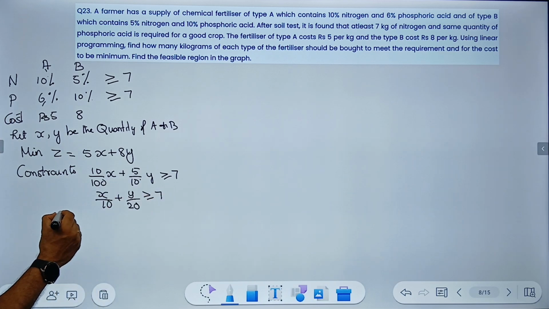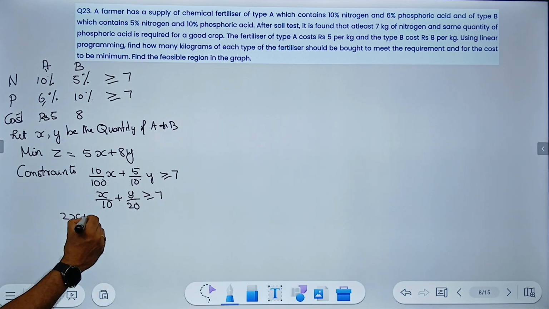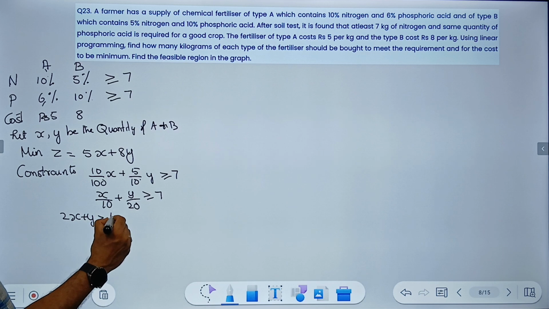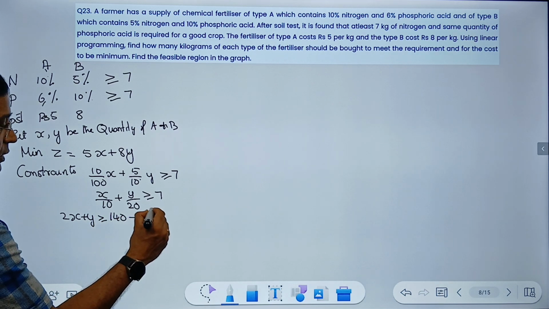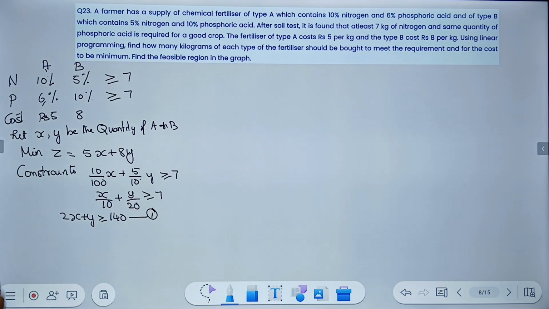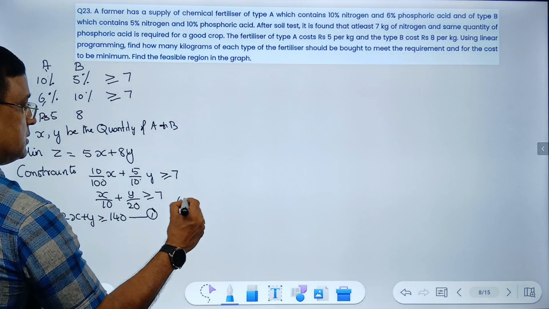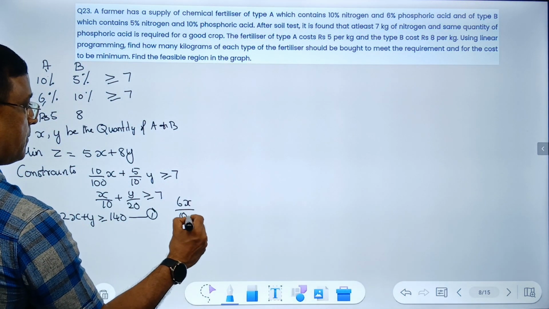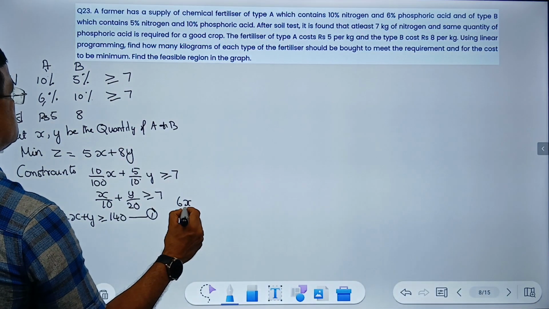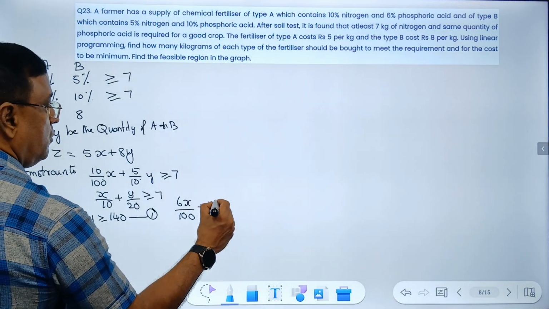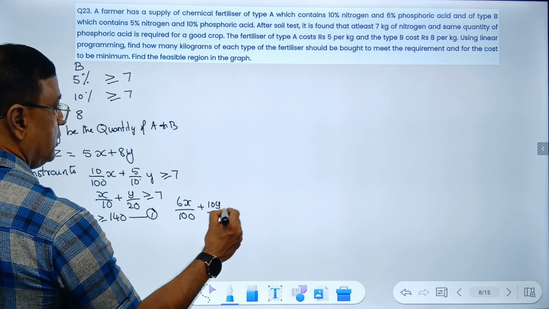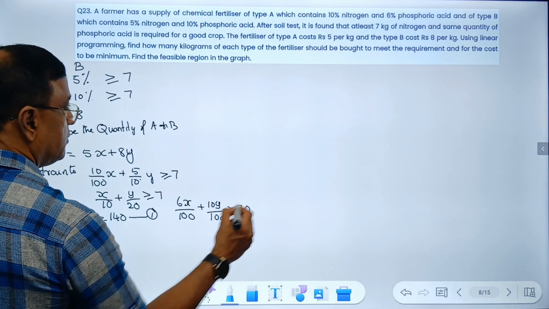So if you take LCM, you get 2x plus y is greater than or equal to 140. So call this as equation 1. This is my first constraint. What is my second constraint? And my second constraint is 6x by 100 plus 10y by 100 is greater than or equal to 7.